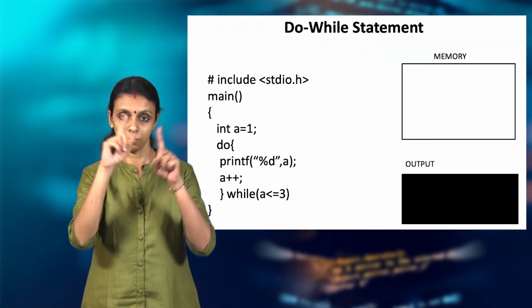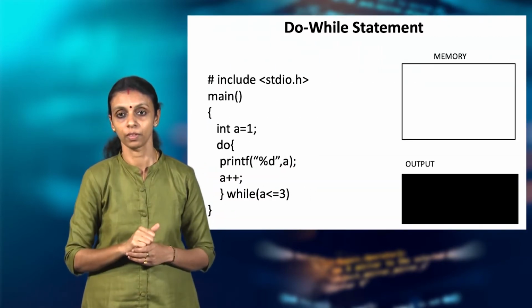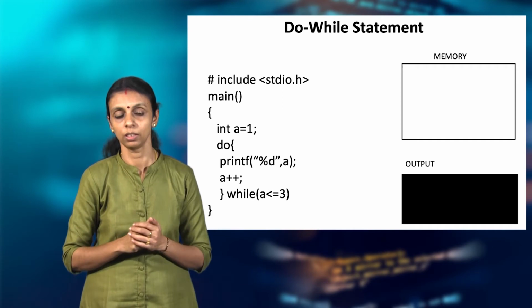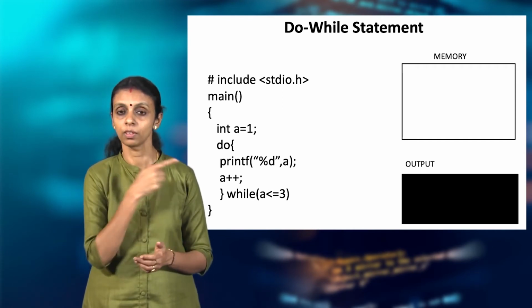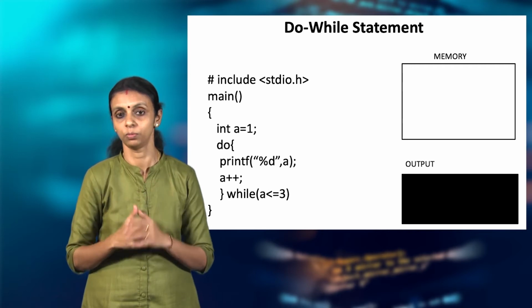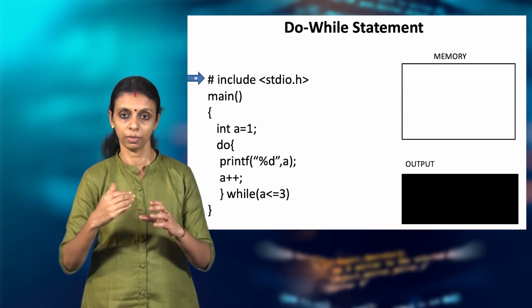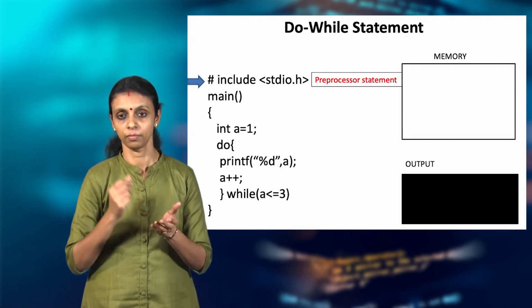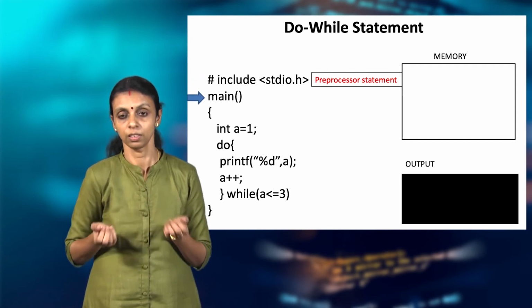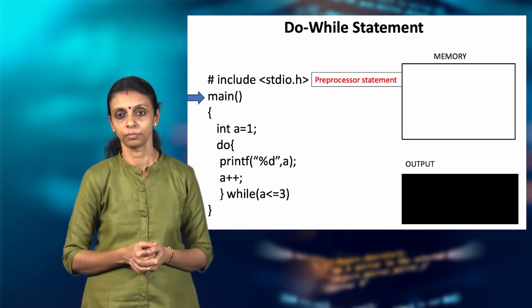Consider the example program printing first 3 natural numbers. Let us see how it runs. Preprocessor statement. Main function program execution starts here.